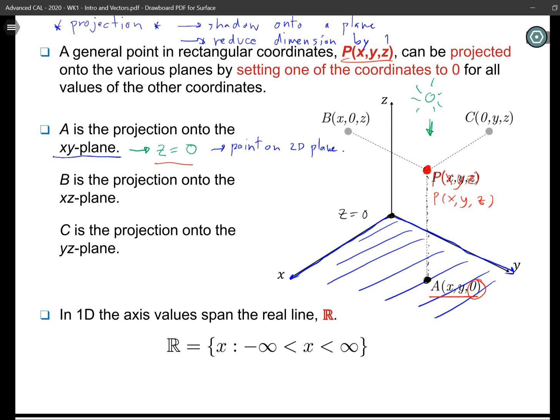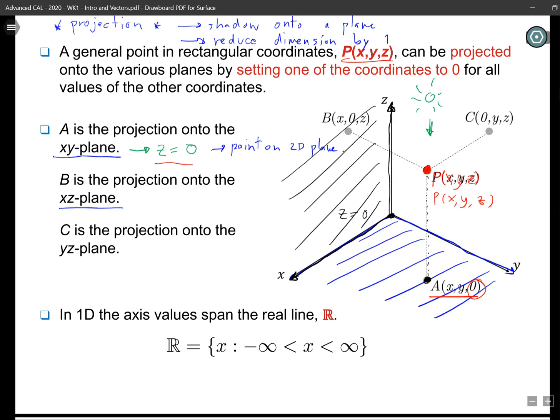Now let's take a look at a different projection, and this time we are going to work on the XZ plane. So let's take a look at this XZ plane, where it is. So X right here and Z right here. Alright, so XZ plane, we are talking about this flat surface between Z and X axis.